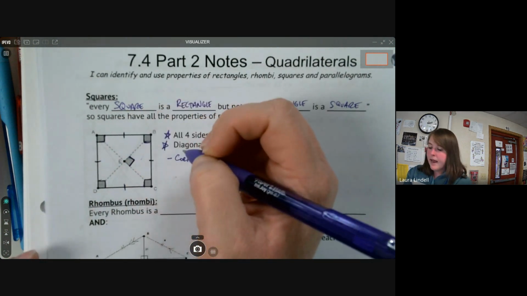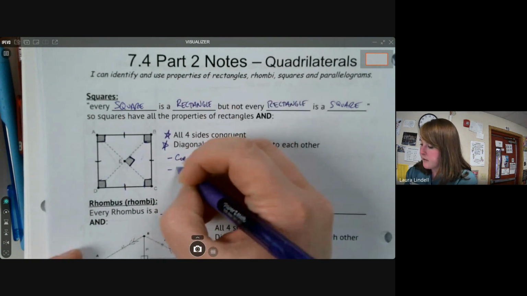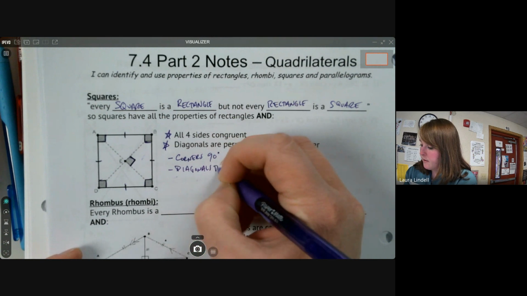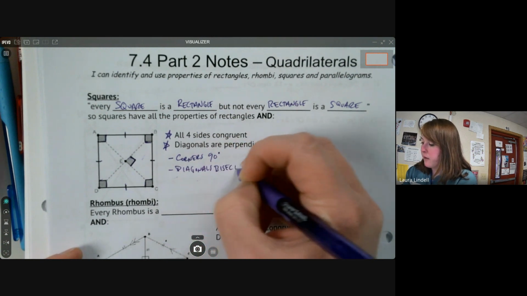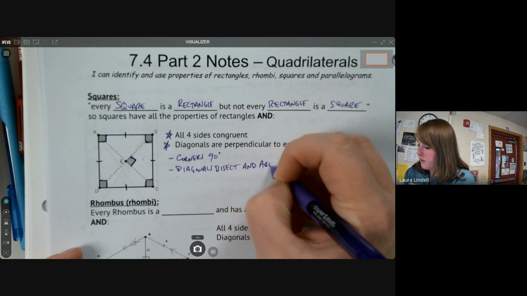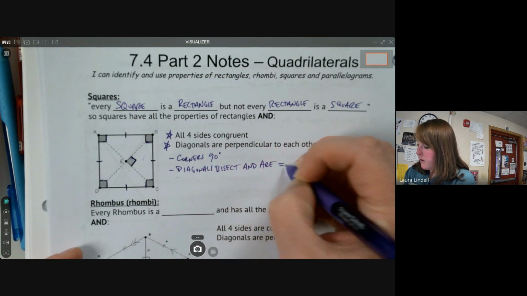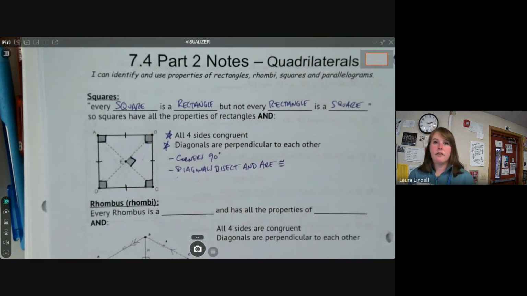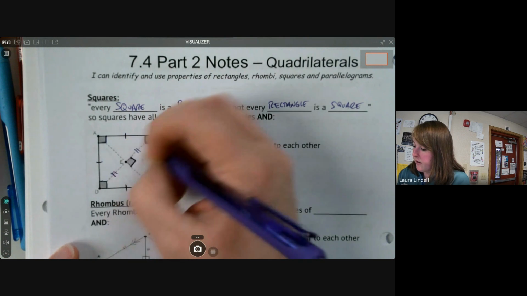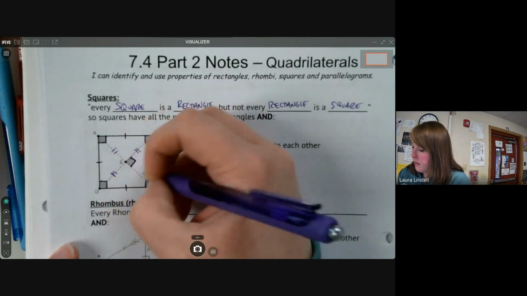All right, and then the diagonals also bisect, which was actually a property of parallelograms, and are congruent, which was another property of rectangles. So we can also say that the diagonals cut each other in half, but they're also the same length as each other.